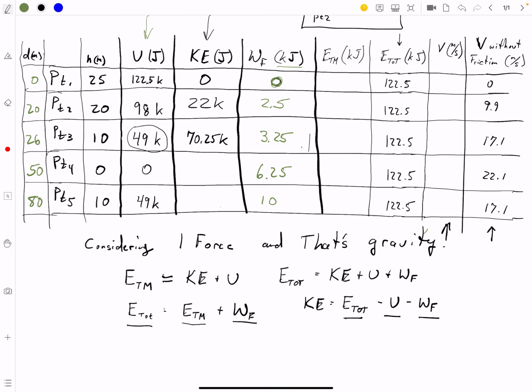70.25. Okay. Well, 122.5. We're going to subtract off 6.25 because there is no potential energy. So we're just going to have to subtract off that, and we're left with 116.25 kilojoules.